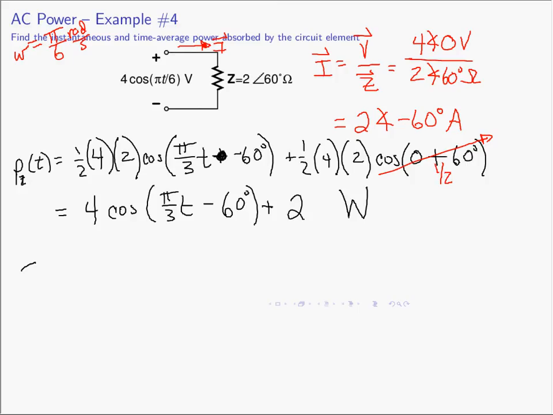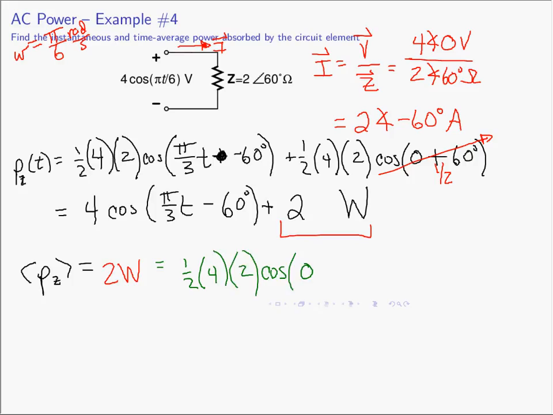And the time average power in this load is going to be just this part out here, which is 2 watts, or if you want to verify that, we can put it in a formula: 1/2 Vm Im cosine of theta, 0, minus phi, which is minus 60 degrees, and we will end up with 2 watts again.